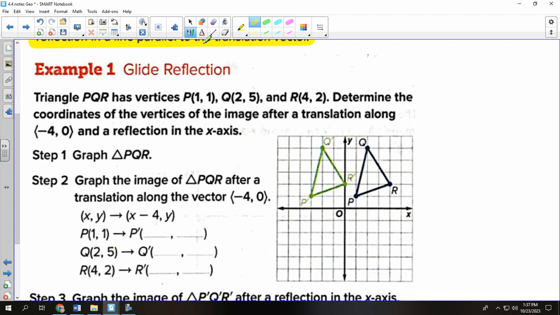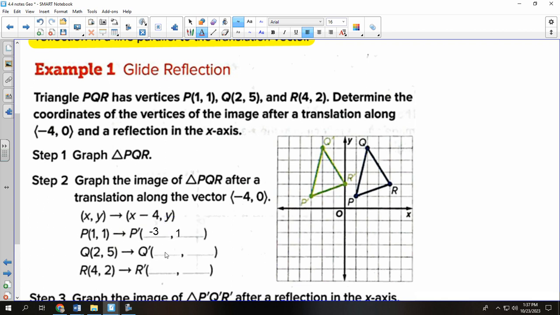So the first thing that we're going to do is take our x coordinates and subtract 4, and our y coordinates, do nothing. So we have 1 minus 4 is -3, and 1 minus 0 is 1.